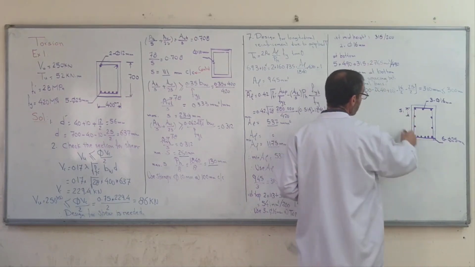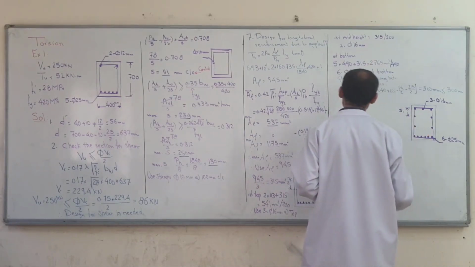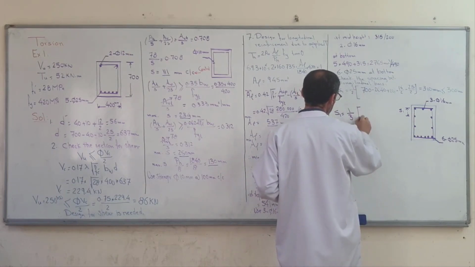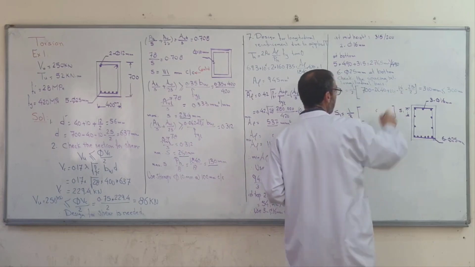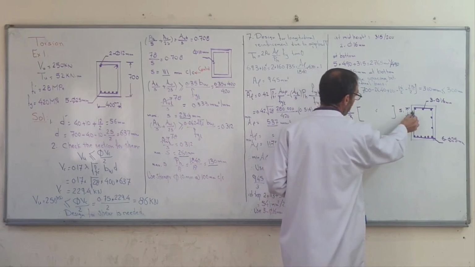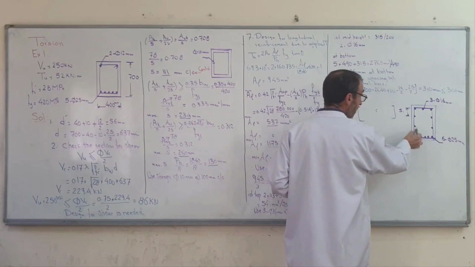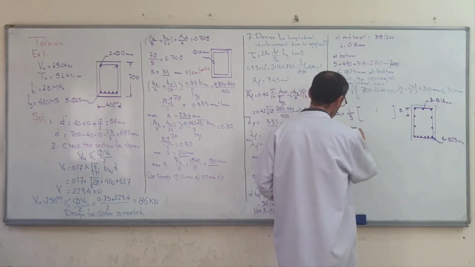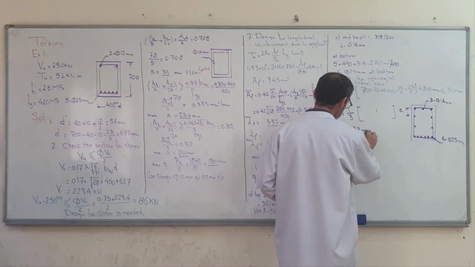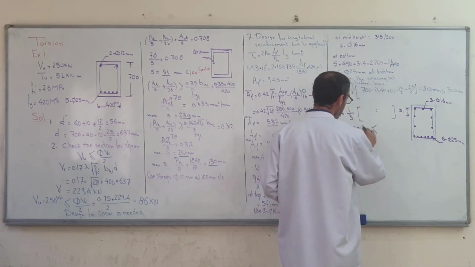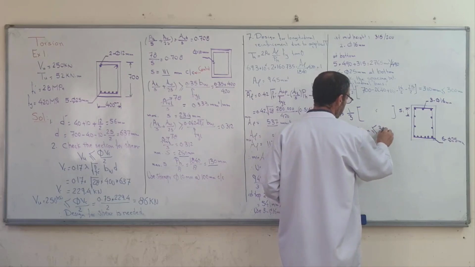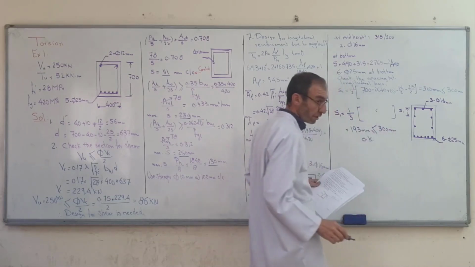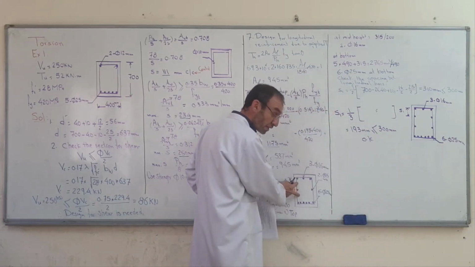The same formula gives 193 millimeters, which is less than 300, so this is okay. But 2 spacing is not okay.